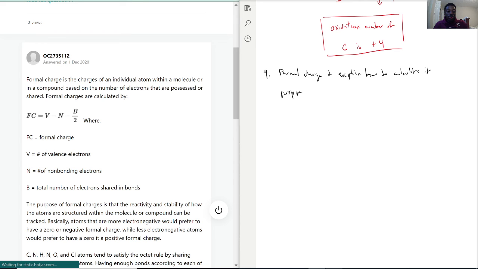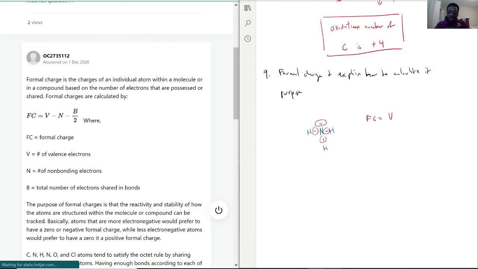Now in order to actually calculate that, what we do, as they show in this formula here, is the number of valence electrons. Nitrogen has 5 valence electrons, and then we put a parenthesis here, and it says number of non-bonding electrons.